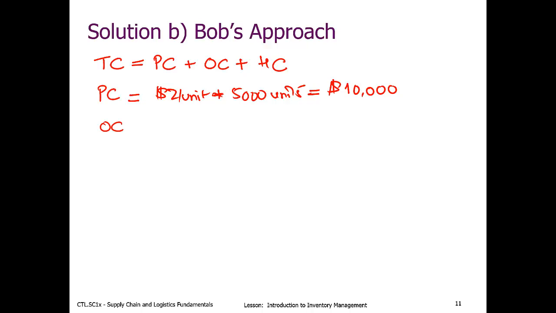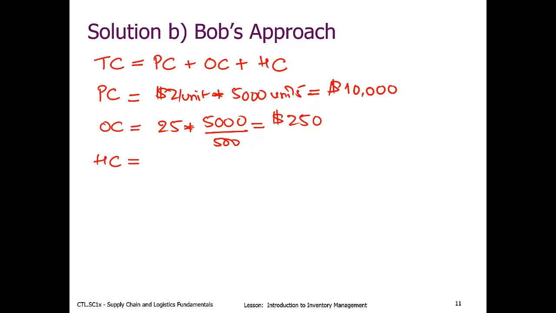What about the ordering cost? Is this impacted? Well, the ordering price per unit is now 25 in Bob's suggested approach. But the number of orders still remains the same, 5,000 divided by 500, which gives me a total value of $250.